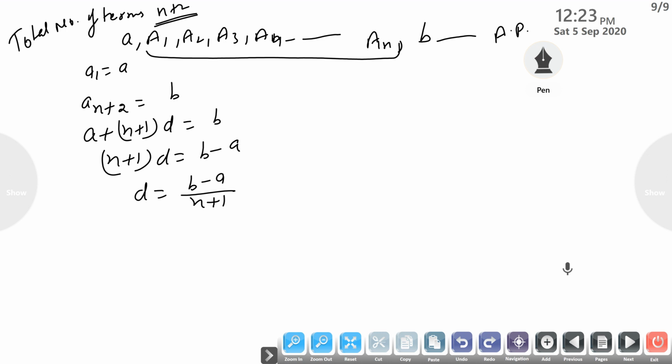So here a1 is a and d is b minus a upon n plus 1. So we have to find the value of a1. Then a1 is a plus d, and this is a plus, put the value of d, b minus a upon n plus 1. Taking n plus 1 as LCM, we get an plus b upon n plus 1.